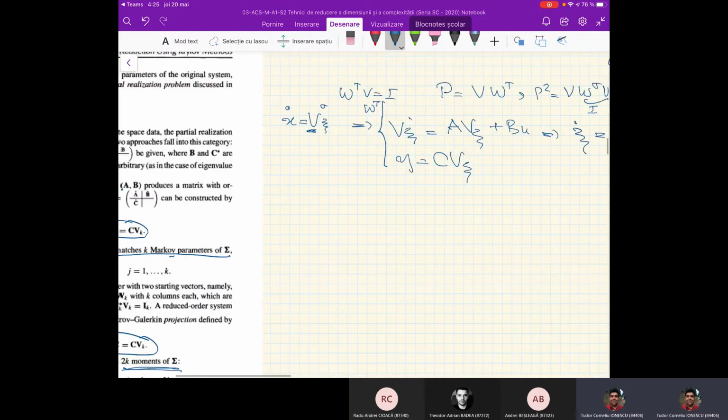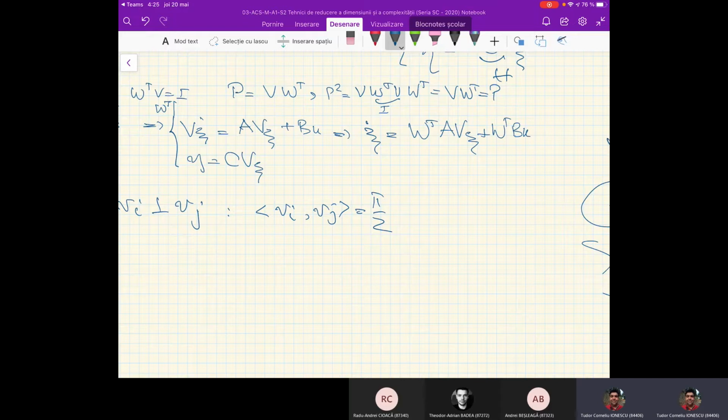Okay, so that means that Vi is perpendicular to Vj. That means that the angle between Vi and Vj is half pi, is 90 degrees.